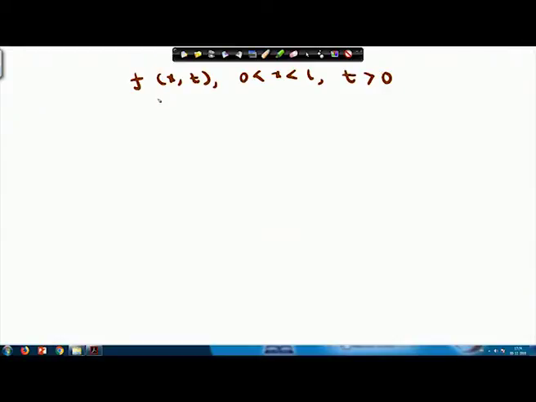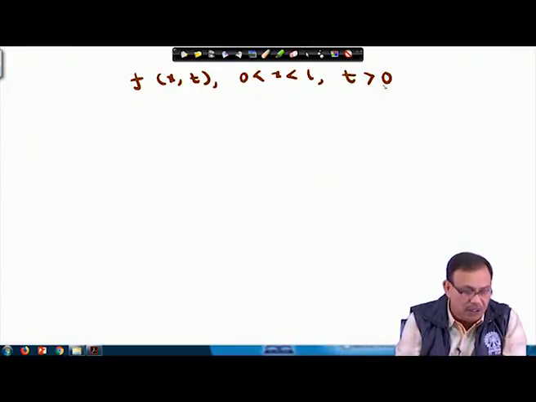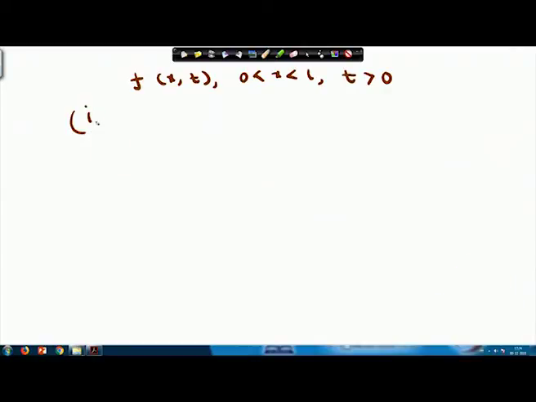So, I want to find out the finite transform of derivatives of f of x t, where x lies between 0 to L and t is greater than 0. Number 1, finite sine transform of del f del x.